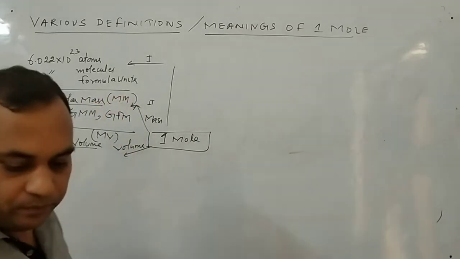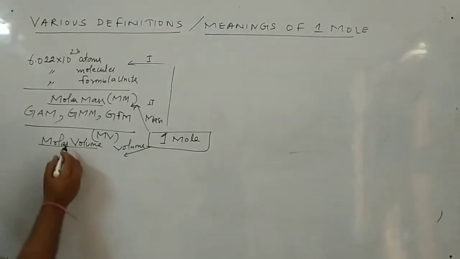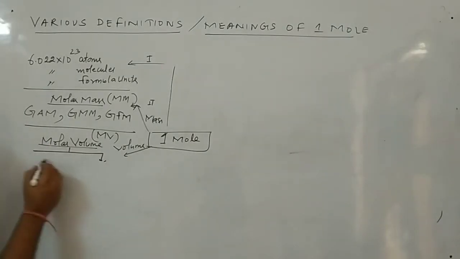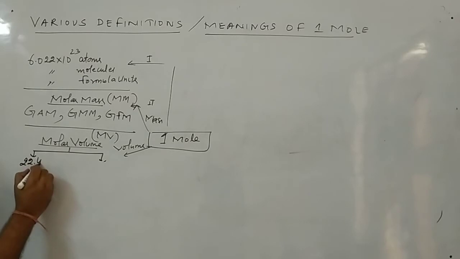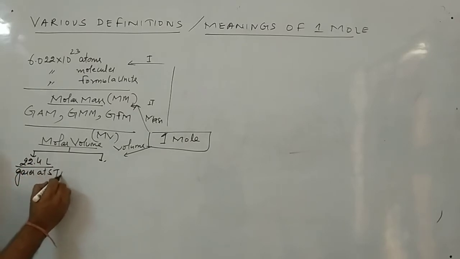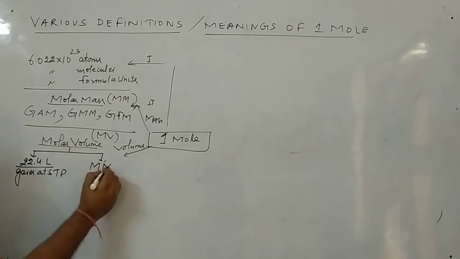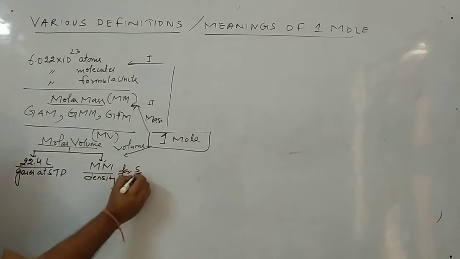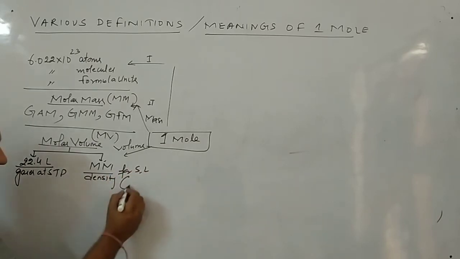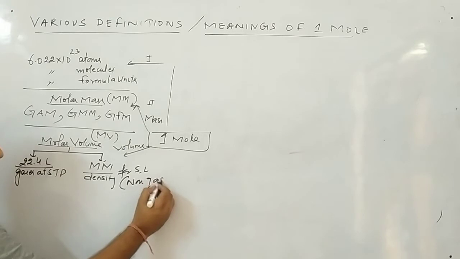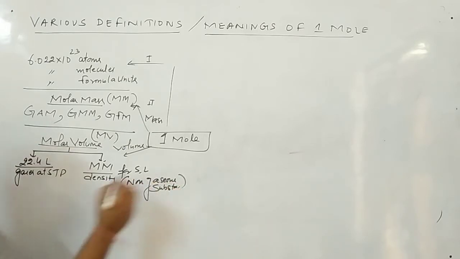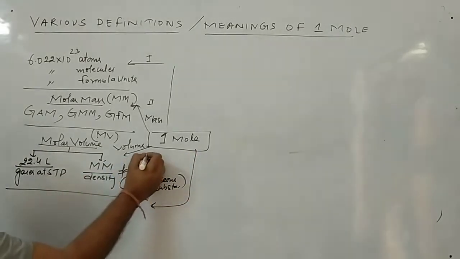This we have to remember. And this molar volume is 22.4 liter for gases at STP, whereas it is molar mass upon density for solids and liquids, or non-gaseous substances. Now next, this one, number 3, is complete.